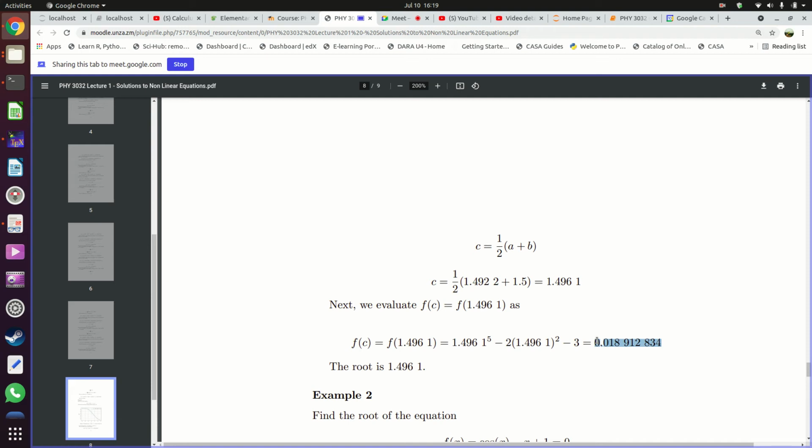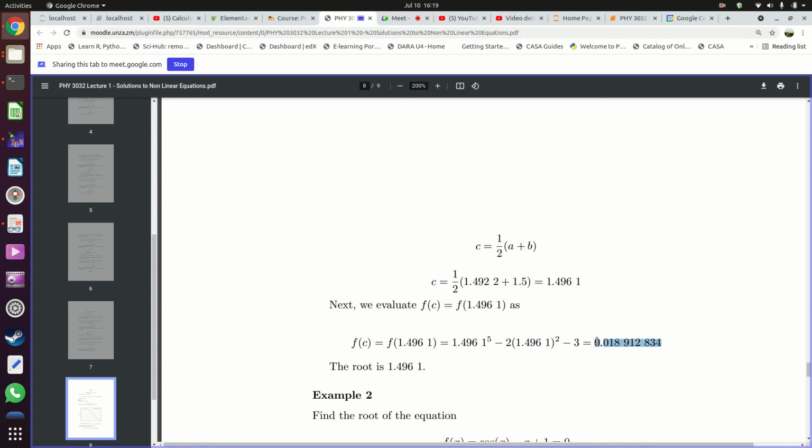They will give you something which is very, very close, which you can live with. So in this case, the root to our equation is x equals 1.4961. So basically, this is the whole idea behind the bisection method.